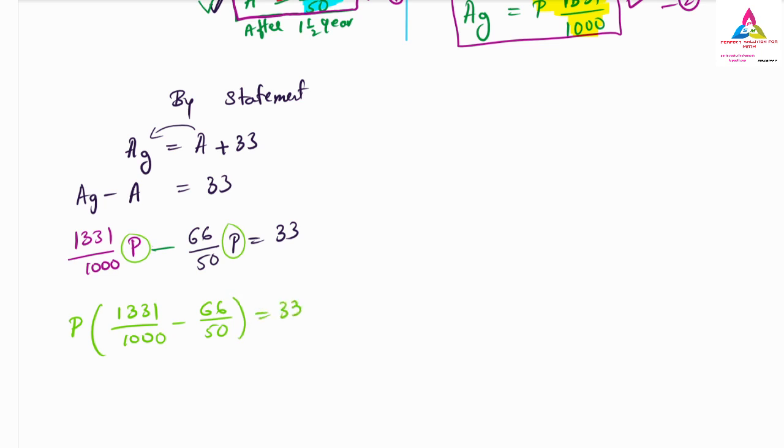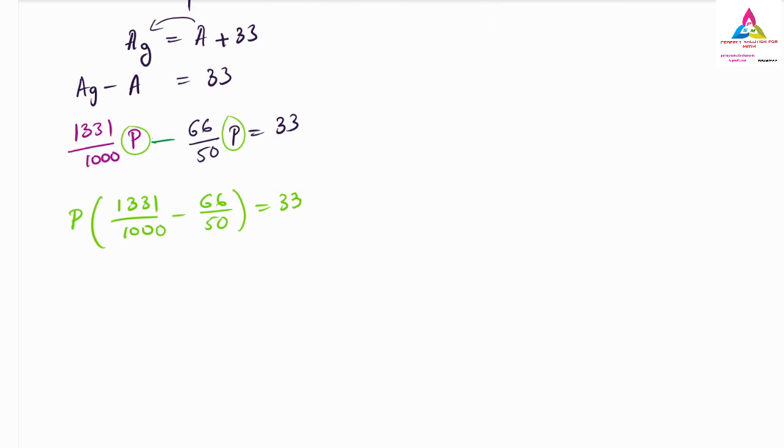LCM is 1000 itself. So 1000 we have, and here 1331. Here we have P outside, and 66 has to be multiplied by 20, since 50 times 20 is 1000, that is equal to 33. So let us continue.